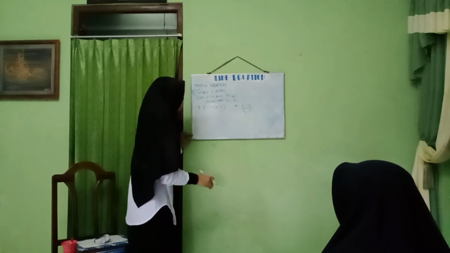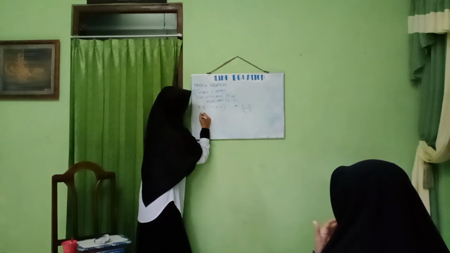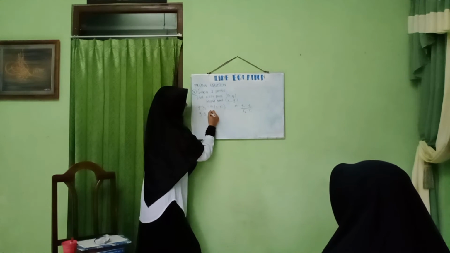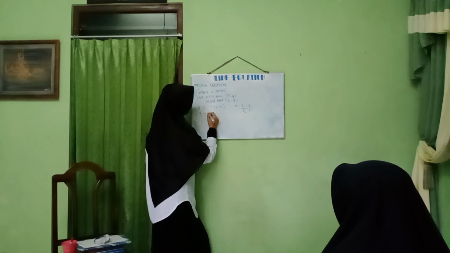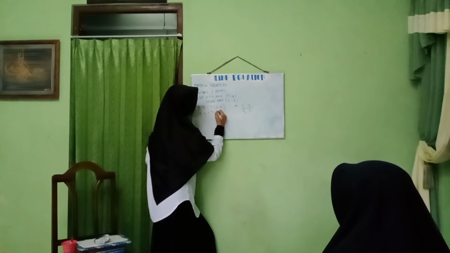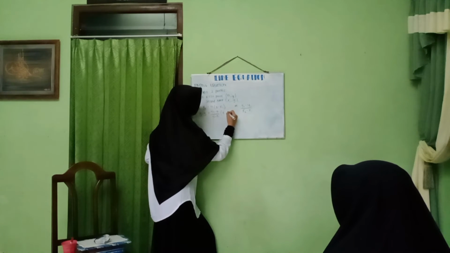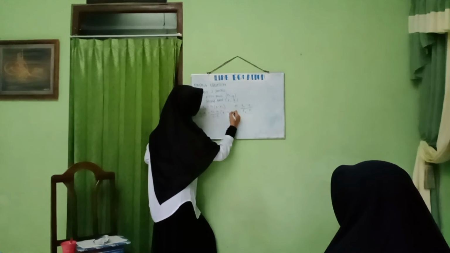We just replace this into this. So we get y minus y1 is equal to (y2 minus y1) over (x2 minus x1) multiplied by (x minus x1).